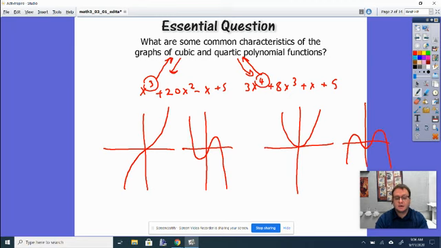Okay, again, the thing with quartics and quadratics is sometimes we do see some similarities between them, especially if we don't have all these extra terms. These extra terms typically add more bumps. If we just had this first term, and that was it, that's when it's going to look very similar to a quadratic. The biggest difference being is how fast it goes up.